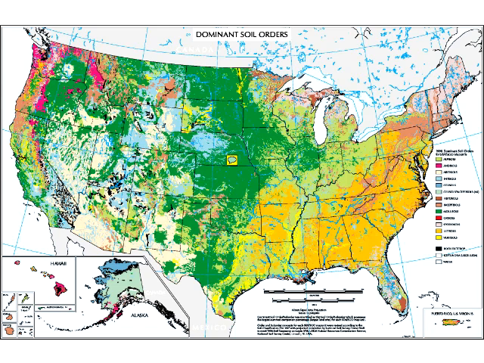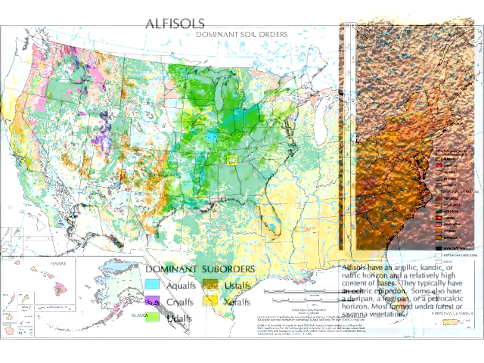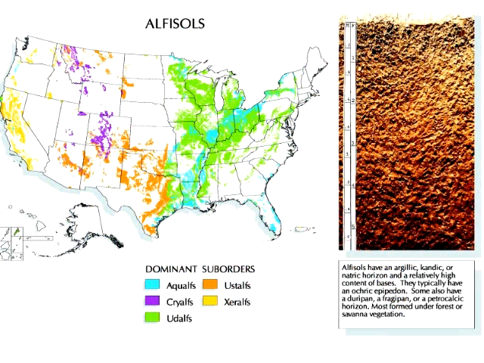Let's look at one individual one. If we just look at the alfisols, then you see this kind of a distribution across the United States. And notice that within this soil order there are suborders. On the right-hand side of the image, you can also see what an alfisol would look like if one did a soil profile in a region in which these soils were present.